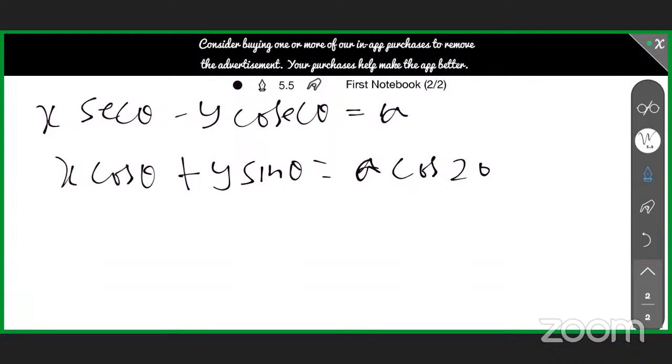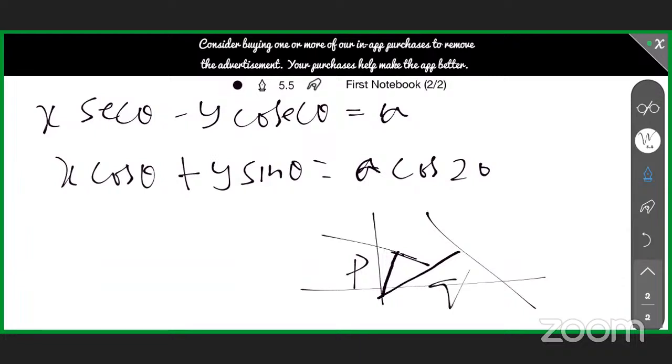That means there is one line, like I told yesterday. Here is one line, and there is one more line like this. The perpendicular distance from the origin to this line is P, and to this line is Q. They are telling this is one line equation, and this is another line equation.